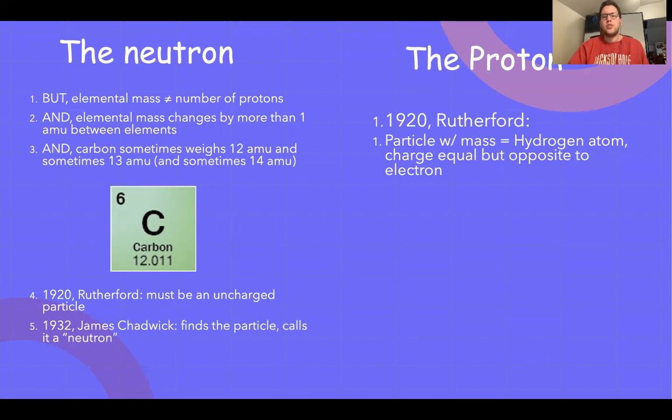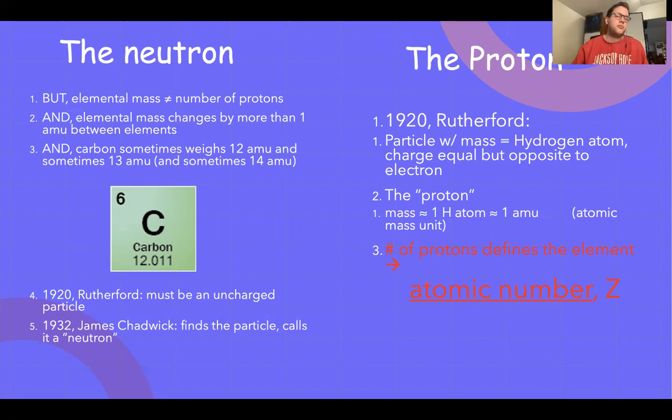And of course, before that, around 1920, Rutherford says there's a particle with mass equal to a hydrogen atom and charge equal but opposite to the electron, and it's the proton. So it balances out the charge of the electron if there's the same amount, and the mass of 1 H atom equals 1 AMU.